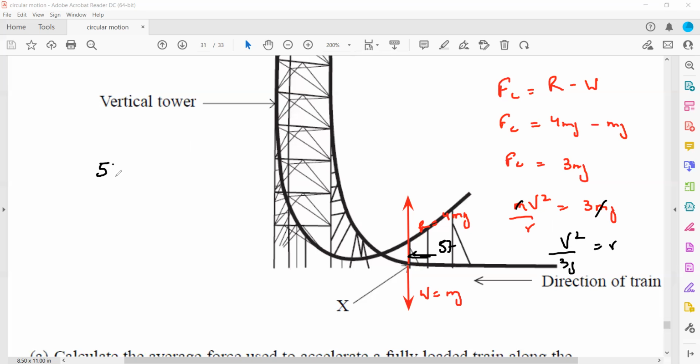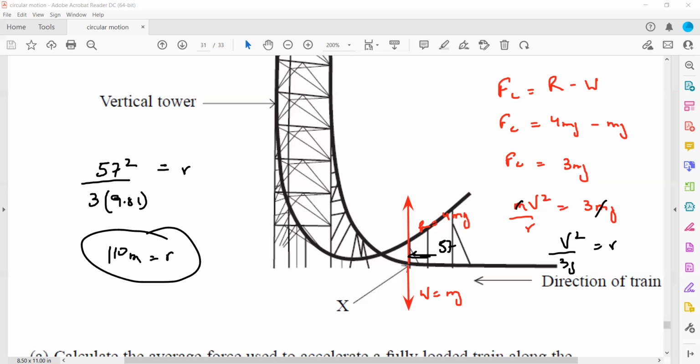So we will have 57 squared divided by 3 times the gravity 9.81. When we simplify, this will give us the radius, which is about 110 meters, approximately equal to 100 meters. So the radius of this curved path at point X is about 110 meters. This curved part, this part. This is for point X. Is it clear?